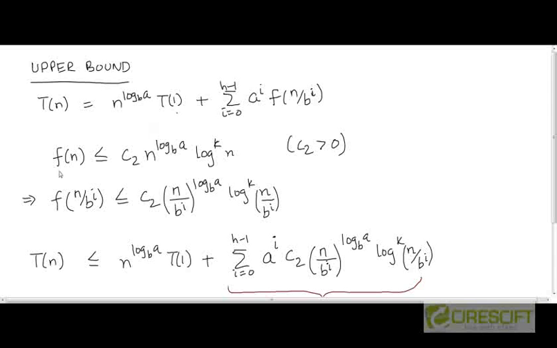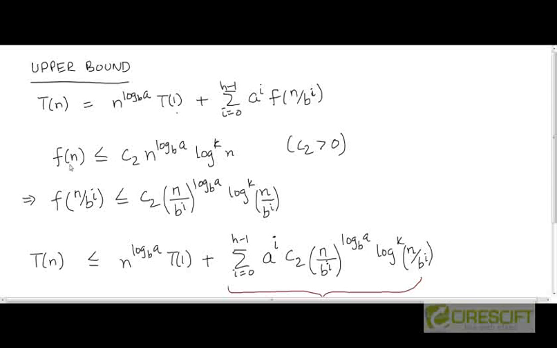So let's focus on the second inequality, which is that there exists a positive constant C2 such that f of n is bounded from above by that constant multiple of n to the power log base b of a multiplied by log to the power k of n.